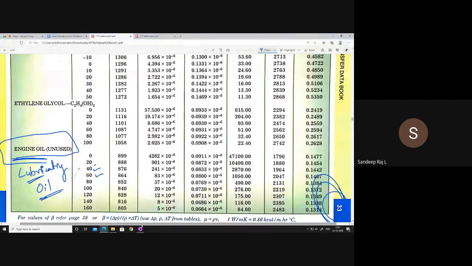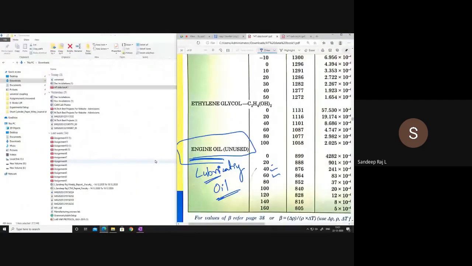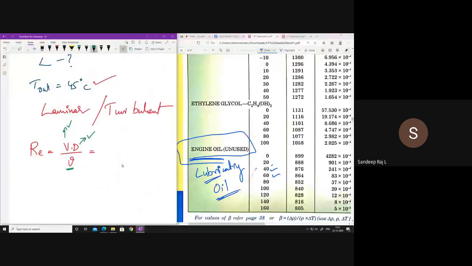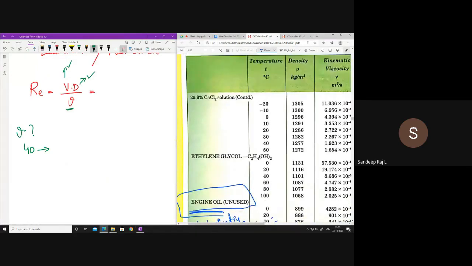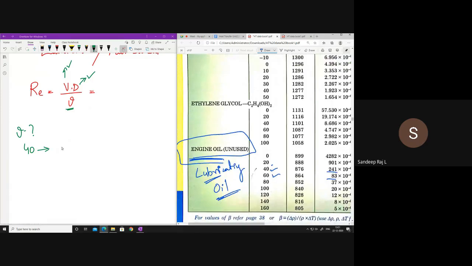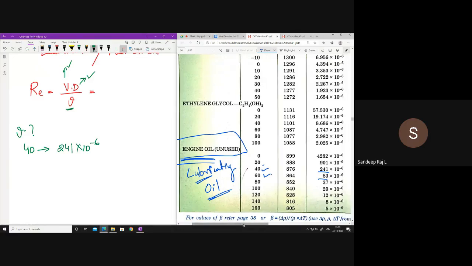Looking at the data book, you will understand that for finding nu, at 40 the nu value is 241 into 10 to the power of minus 6, and at 60 it is 83 into 10 to the power of minus 6.